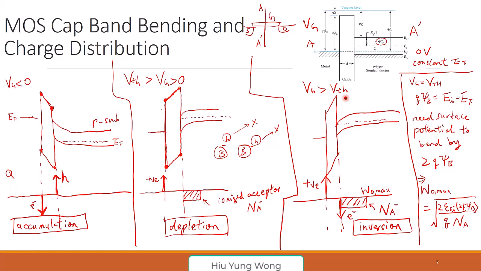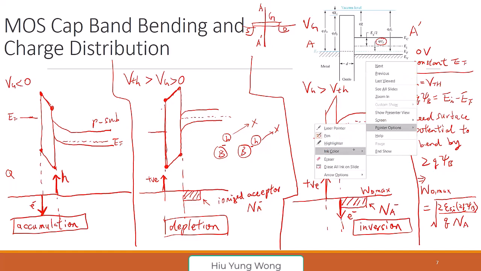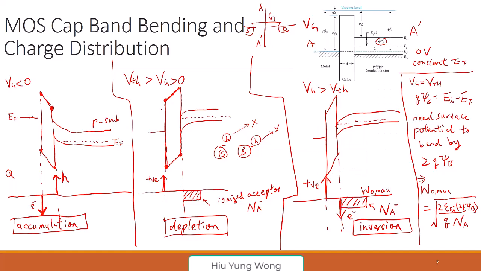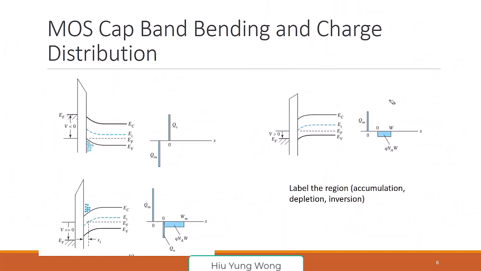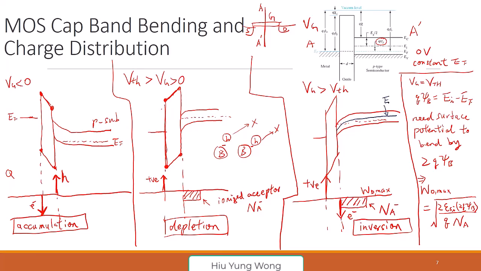Intrinsic is just the middle of the conduction band and valence band, right? Yeah, the EI, that's what I meant. So it's just the middle between them. So this is the intrinsic. So you're right. So you see that at the bottom. Oh, okay, I see it better now. I understand why it's inversion now. Okay, I got it.